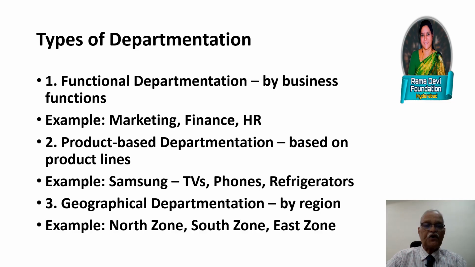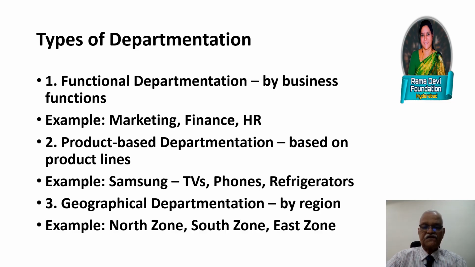Let's look at types of departmentation. 1. Functional departmentation by business functions. Example, marketing, finance, HR, etc. 2nd, product-based departmentation based on product lines. For example, Samsung TVs, phones, refrigerators, etc. 3rd is geographical departmentation by region.